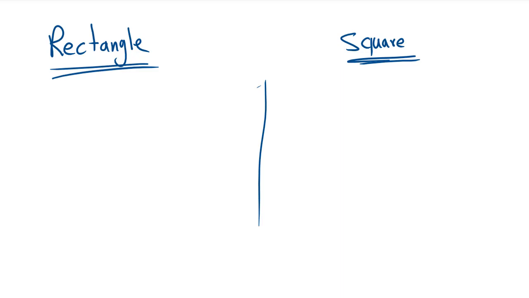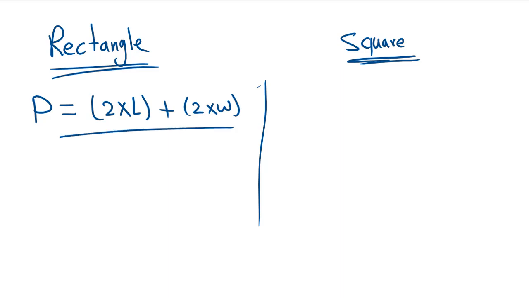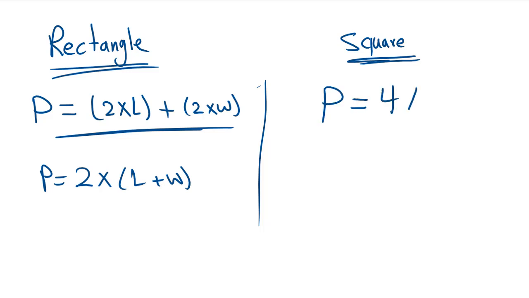So for the rectangle, the perimeter equals 2 times length plus 2 times width. And we have another one, which is P equal 2 times length plus width. And for the square, we have only one formula here, P equal 4 times S. So the side you multiply by 4.